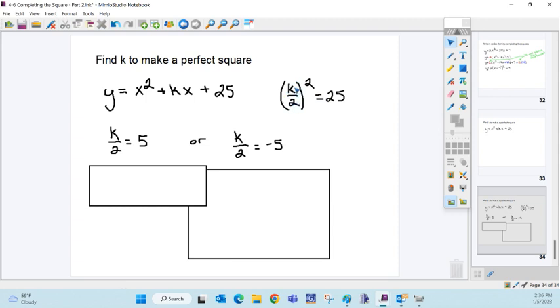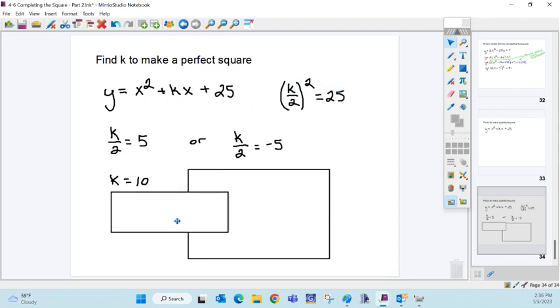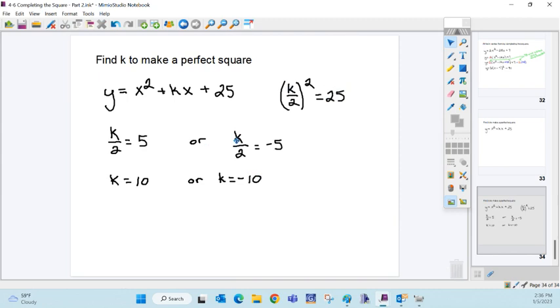Because this was our method, we were kind of doing it in our heads, but divide by 2 and square it, or as Ryan said, square root it and then multiply by 2. So here's our multiply by 2. So 10 or negative 10, because it just said to find k. You multiply 5 and 2, that's all it's going to be.